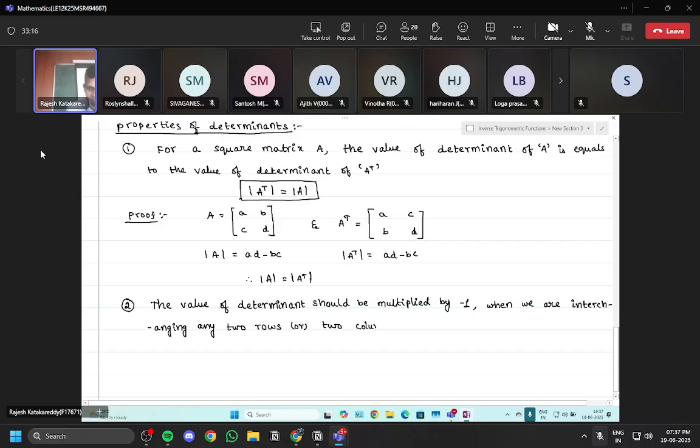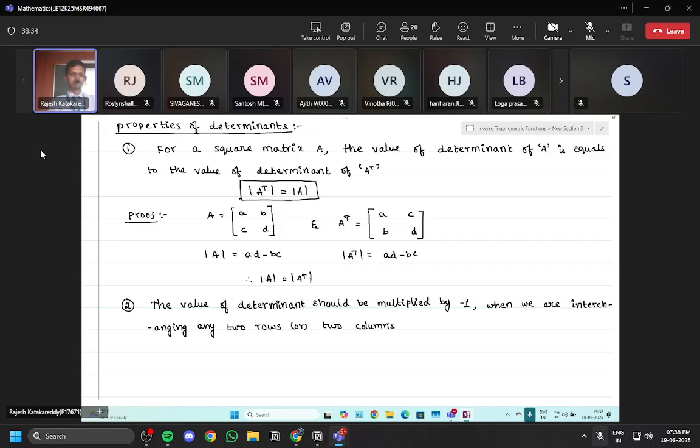We learned in the last class, we can interchange two rows and two columns of a matrix. If you do this, what happens in the determinant is that the value of the determinant after interchanging rows and columns, we should multiply with -1.